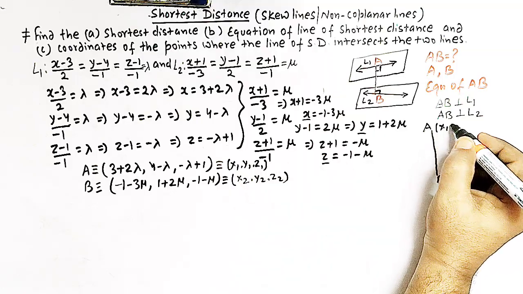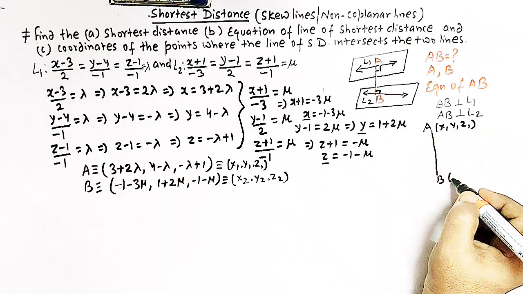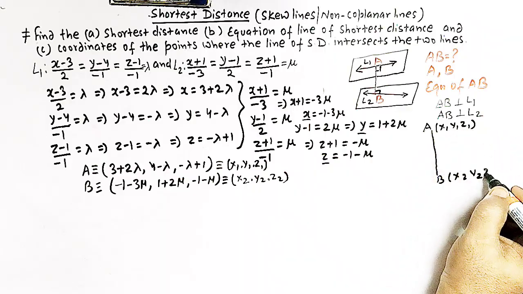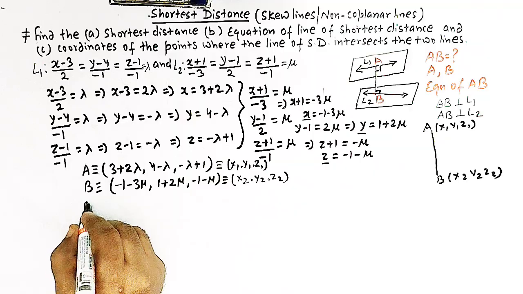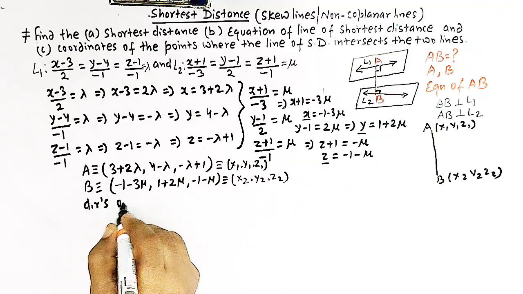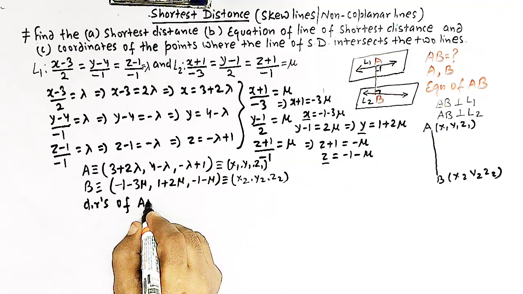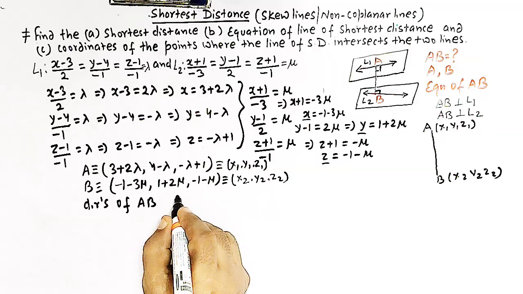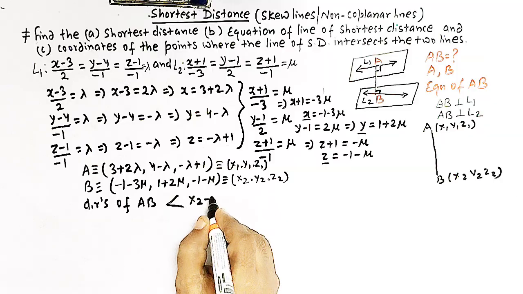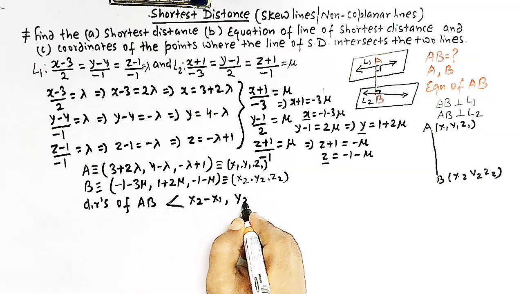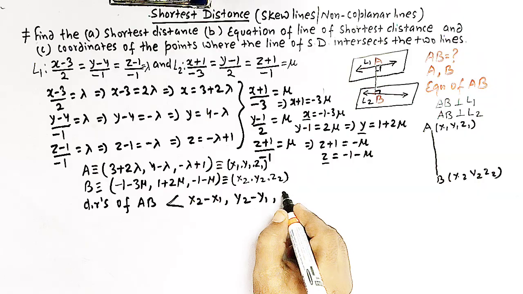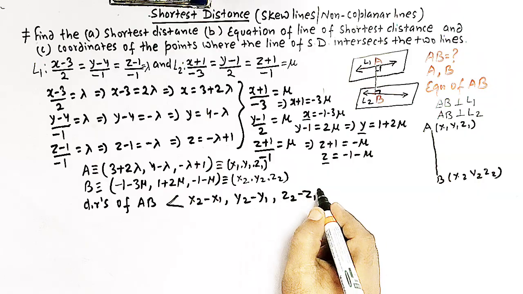So here we have x1, y1, z1, here we have x2, y2, z2. So the direction ratios of AB are given by x2 minus x1, y2 minus y1, and z2 minus z1, right?